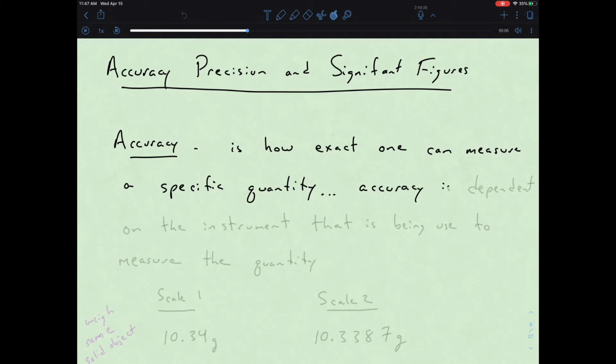Accuracy is really dependent on the instrument that is being used to measure the quantity.